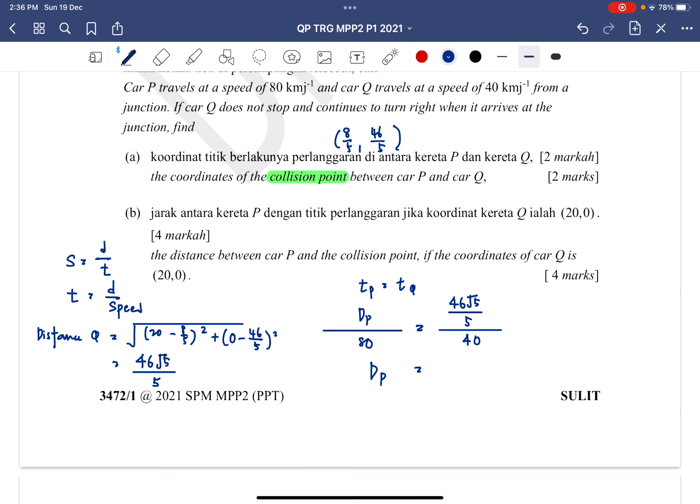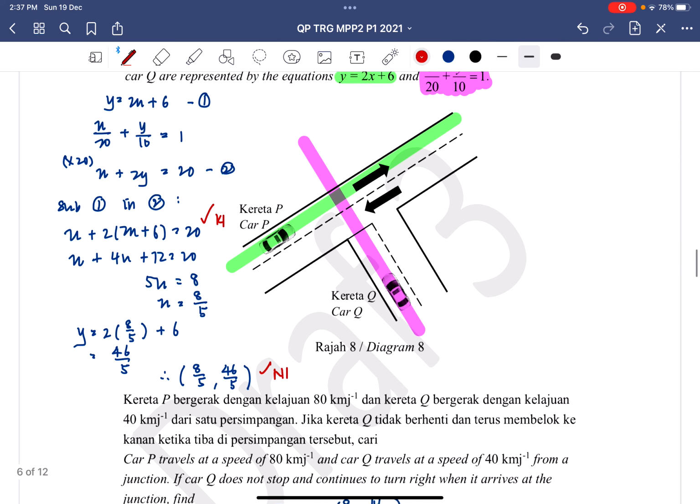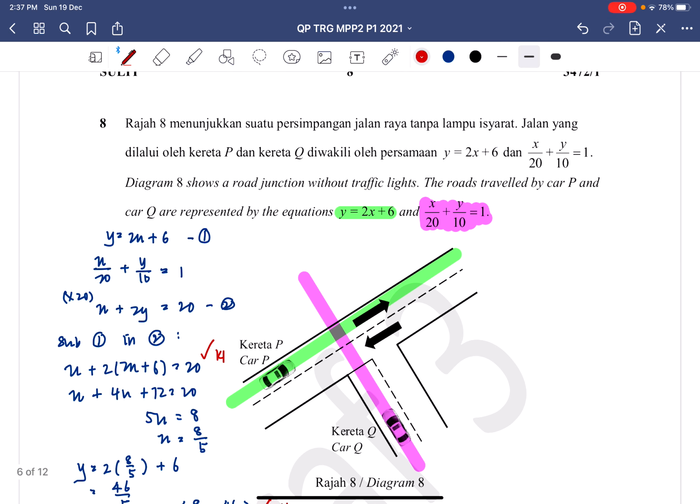So you'll gain 1 mark when you got the distance for Q. And maybe you get a mark when you equate the equations, and you know how to use the concept, which is distance over speed gives time, and finally you get a mark when you got your final answer. So that's all for question 8. We'll see you in question 9 later.